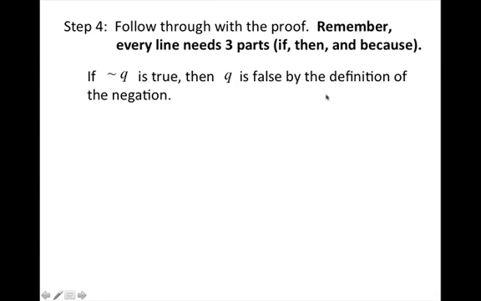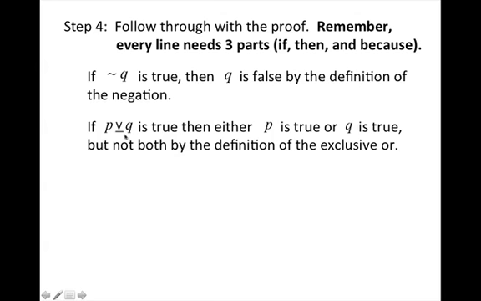And my by is the reason. If not Q is true, then Q is false because they're negations of each other. So my reason is definition of the negation. Now that I've proven Q is false, I'm free to use it in my proof. So let's look at the next line.